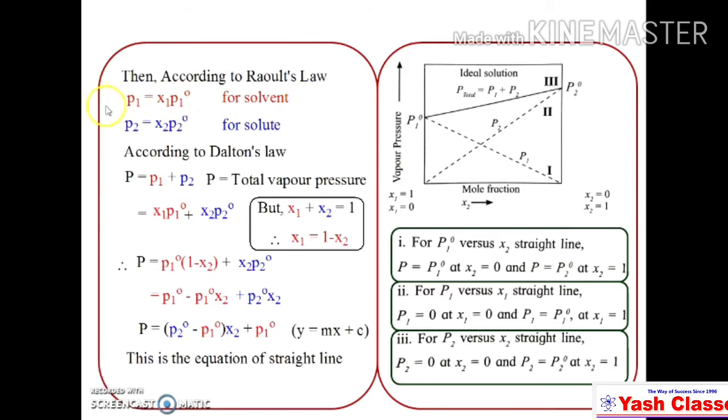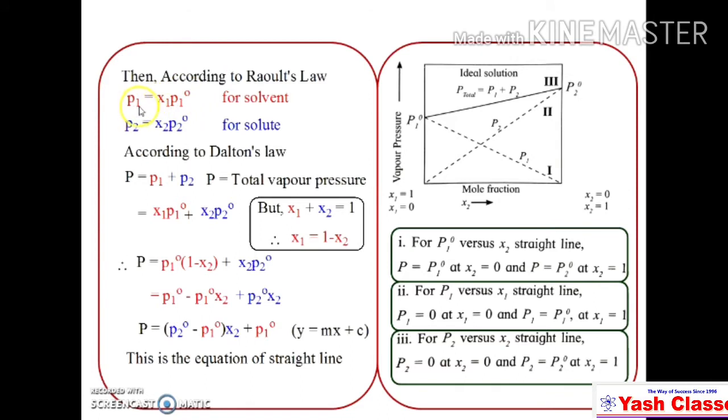This is for the solvent. Here P1 is the partial pressure of A1, x1 is the mole fraction of A1, and P10 is the vapor pressure of A1 in the pure state.